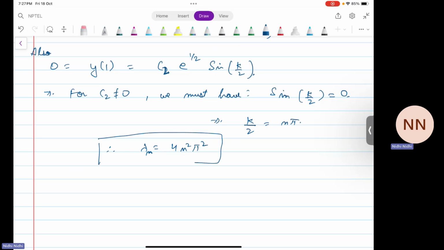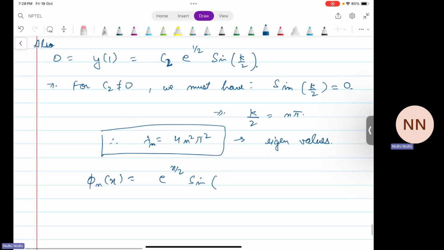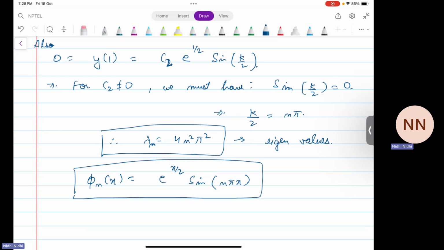So these lambda n's are eigenvalues, and the corresponding solution, I'll write it as phi n(x), which is just a scalar multiple of e to the power x/2 sin(kx/2). So k/2 is n pi, so this is sin(n pi x). These will be our eigenfunctions.